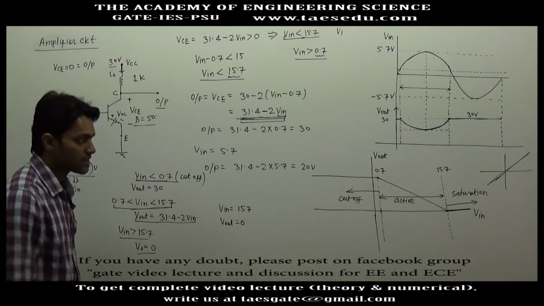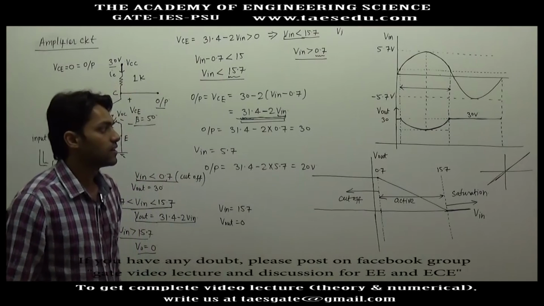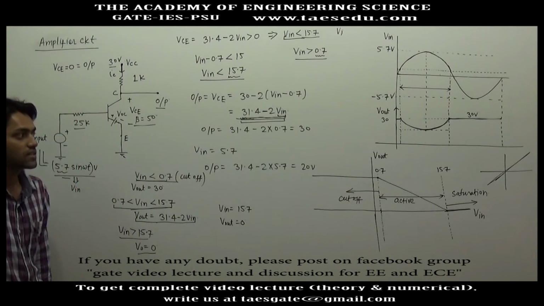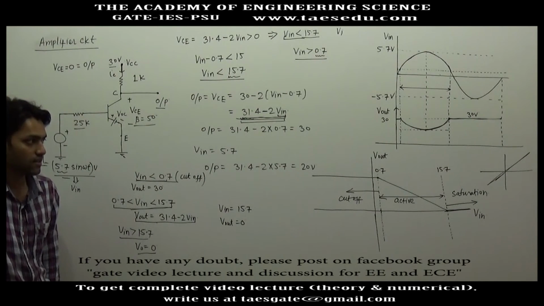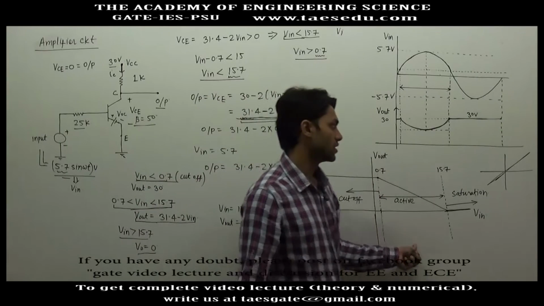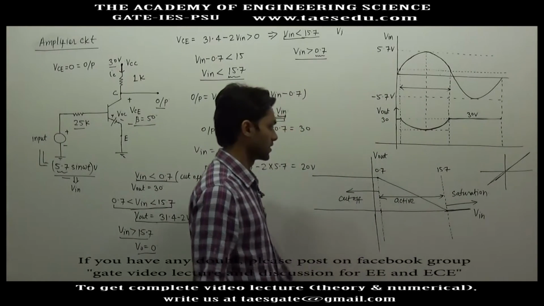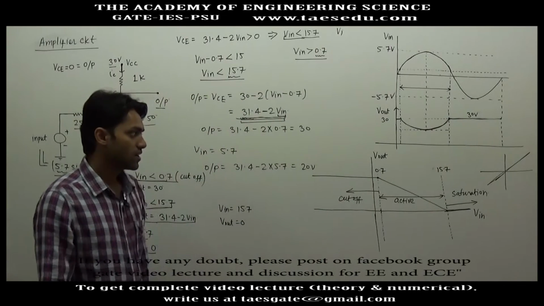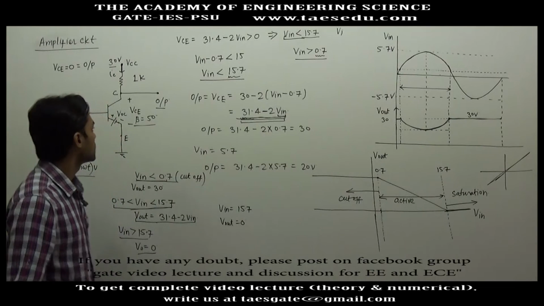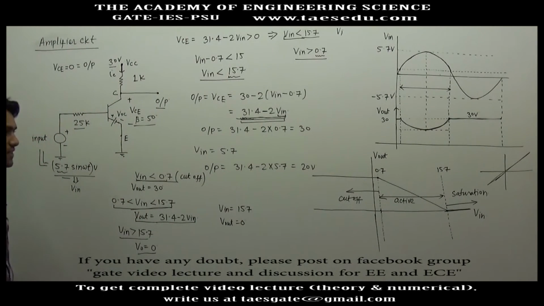As I told you while drawing transfer characteristic in clipper circuits, if any circuit operates as a linear circuit, the graph of its output voltage versus input voltage will be a straight line passing through origin. Since this graph is not a straight line passing through origin, we'll say that this circuit is not a linear circuit.